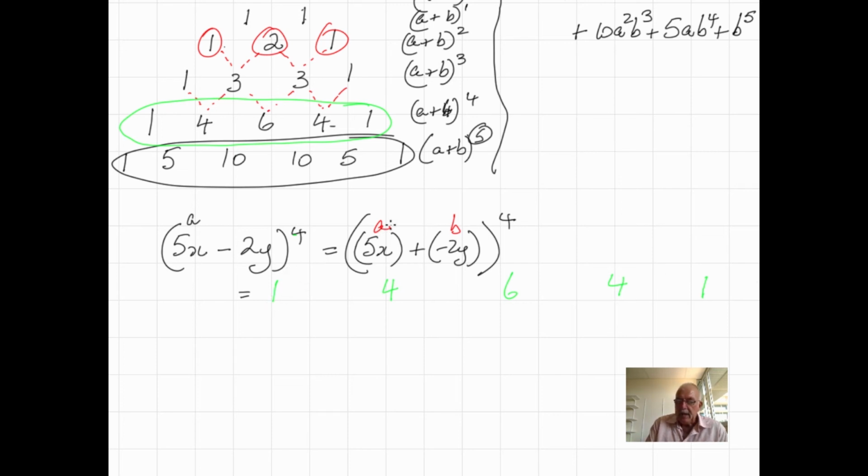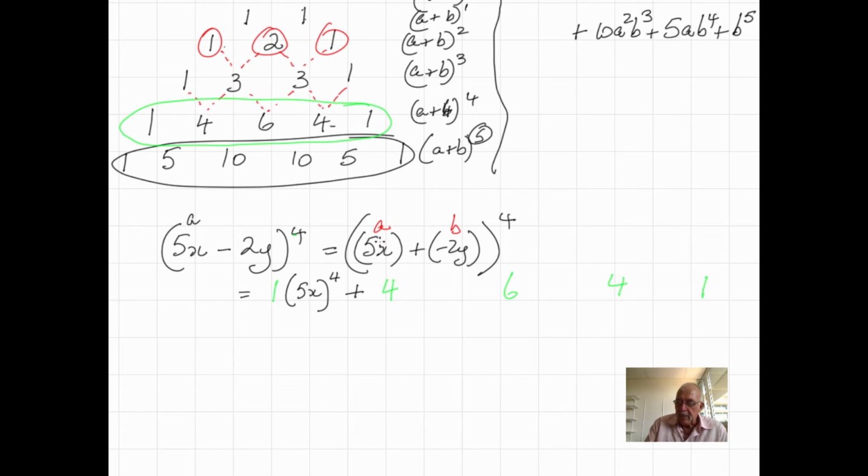The a, we start with a to the power of 4 in this case, so my a will be 5x to the power of 4. We always put pluses here.